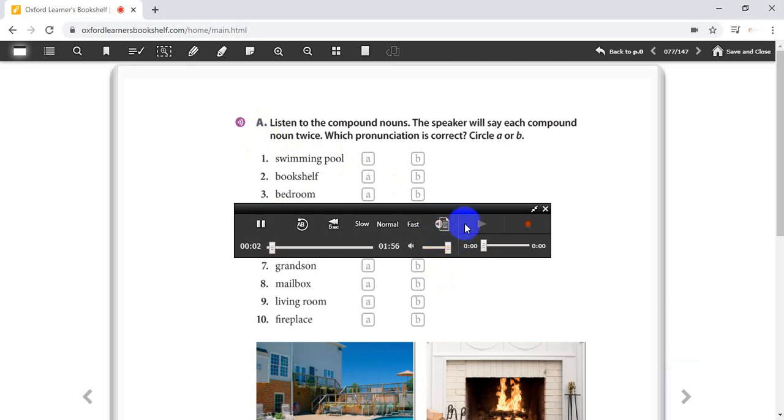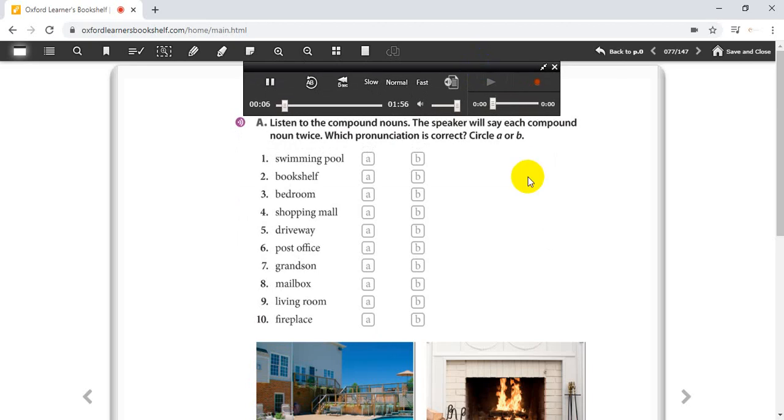Unit 5. Pronunciation. Activity A. 1. A. swimming pool, B. swimming pool, 2. A. Bookshelf. B. Bookshelf. 3. A. bedroom, B. bedroom, 4. A. Shopping mall. B. Shopping mall. 5. A. driveway, B. driveway, 6.